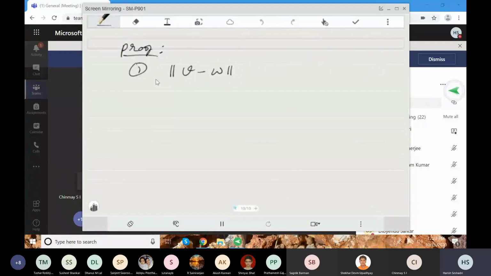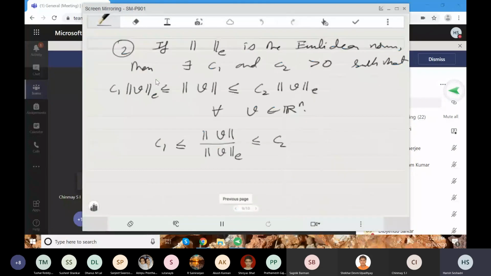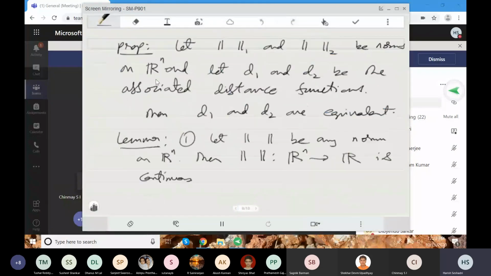Oh, by the way, I should mention one thing here. When I say it's continuous, what does continuity mean here? Continuity with respect to the Euclidean metric on Rn.